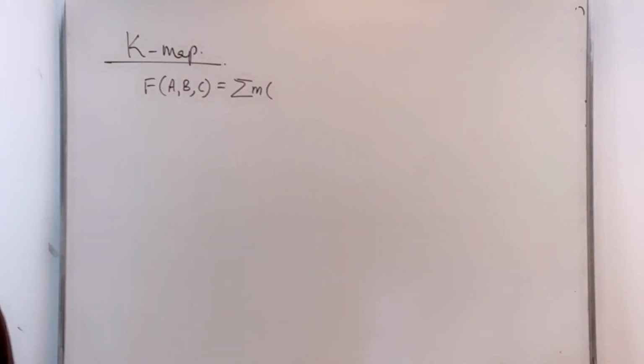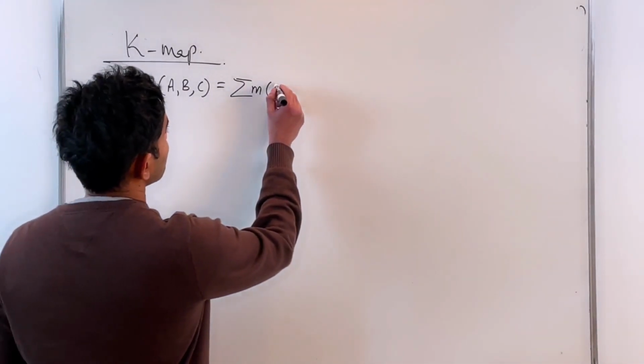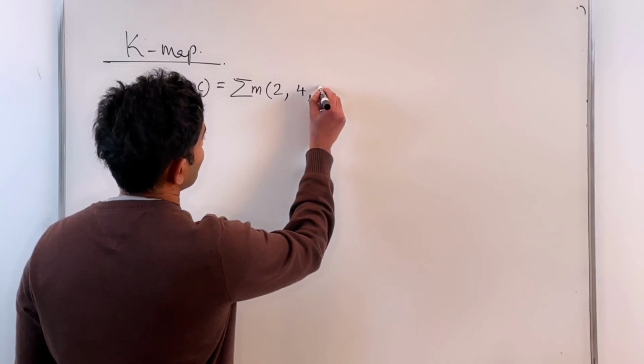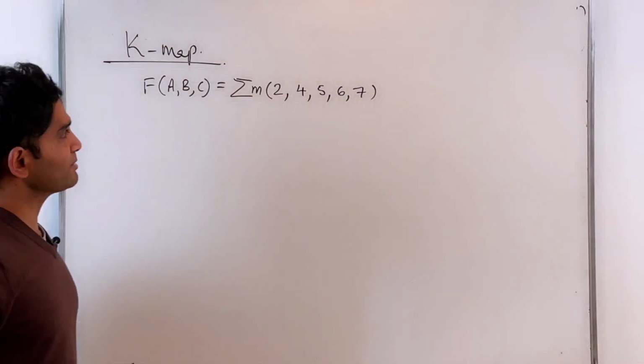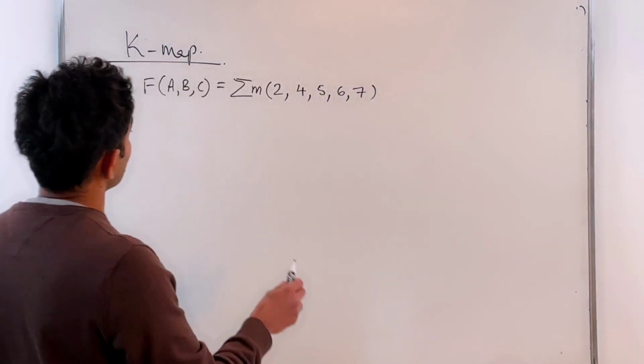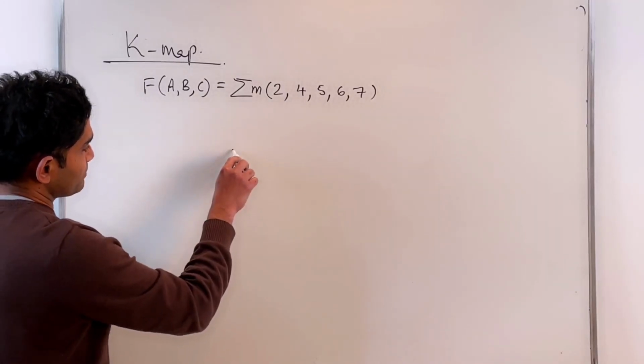What was that? Let me see what the function was. Okay, so that's 2, 4, 5, 7. That's correct. Thank you. I can write this in terms of minterms as 2, 4, 5, 6, 7, right? And now I can draw the K-map corresponding to that function.